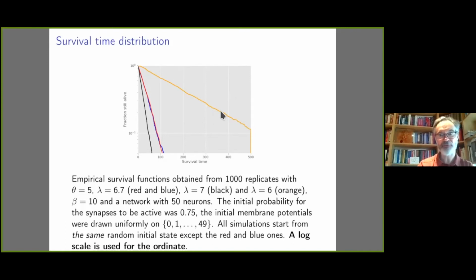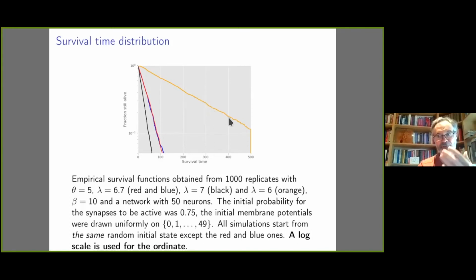So what you see here are the results of 1,000 replicates with different values of lambda. That's lambda equals 6, 2 with lambda equals 6.7, and 1 with lambda equals 7, 50 neurons, so exactly the same conditions as before. And so I run 1,000 different replicates. They all start with the same initial state, except these two guys. And what you see is the probability to be still active a given time after the beginning of the simulation.